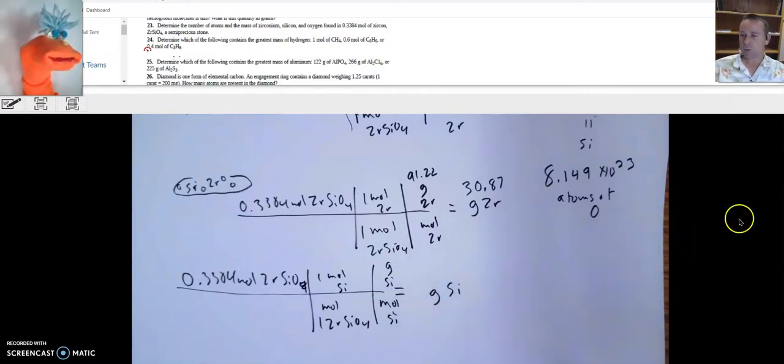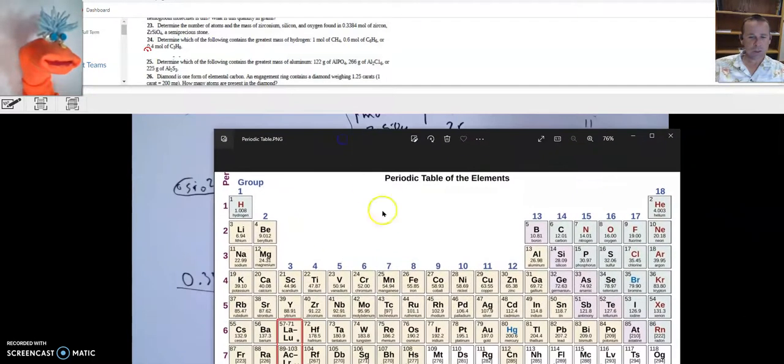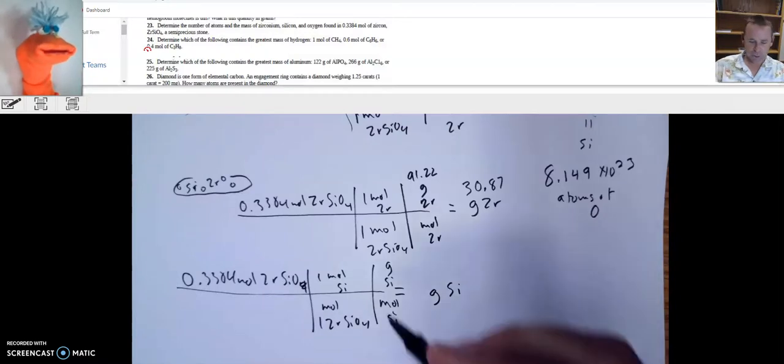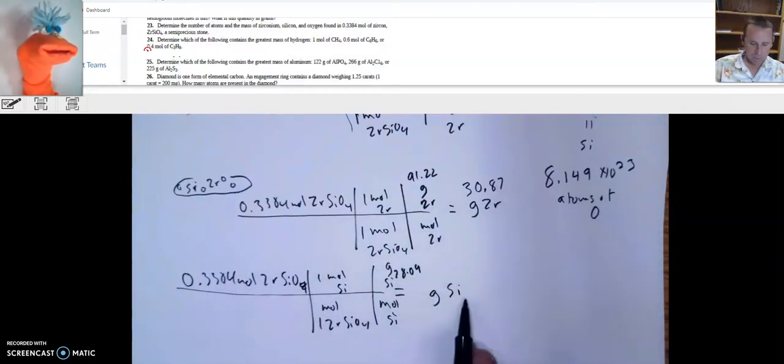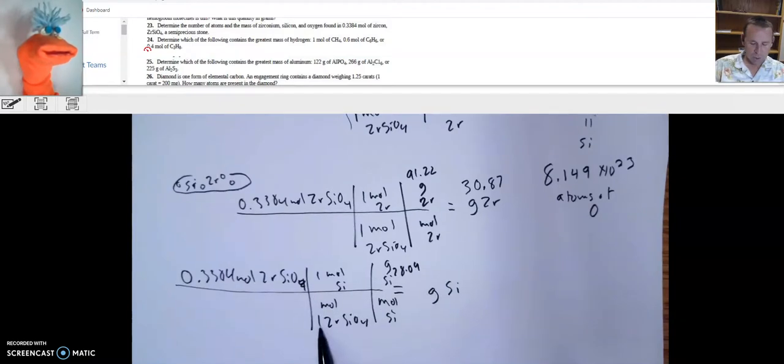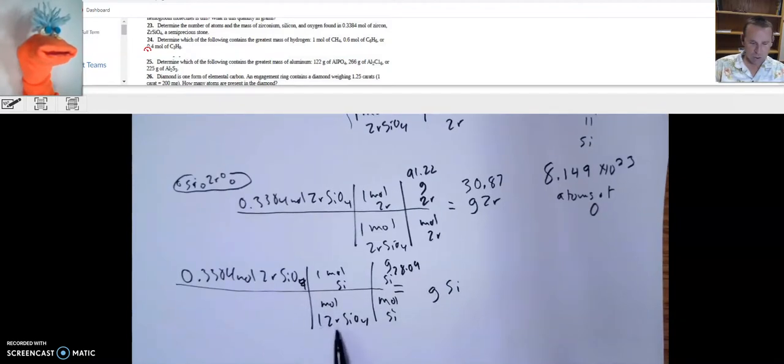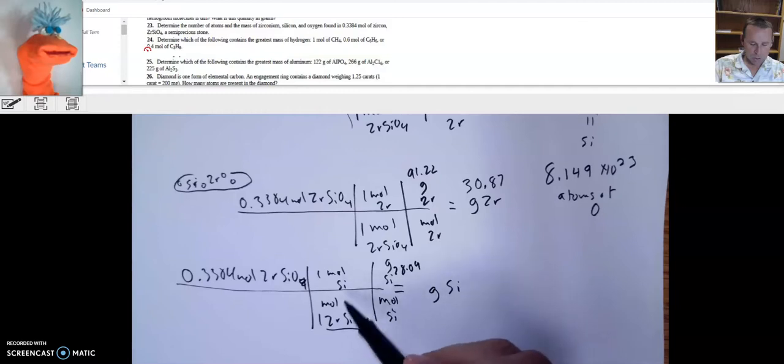And that number for silicon, is it 32? I don't think so. That's sulfur. It's 28.09. So 28.09 times that number there. This is, again, just 1 mole of zirconium silicate, and then 1 mole of silicon. Okay.